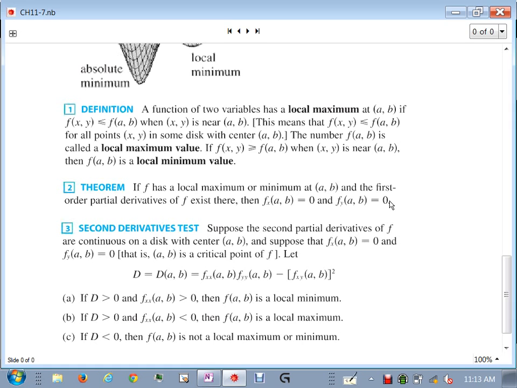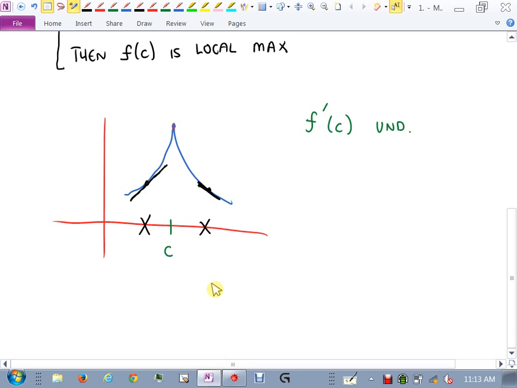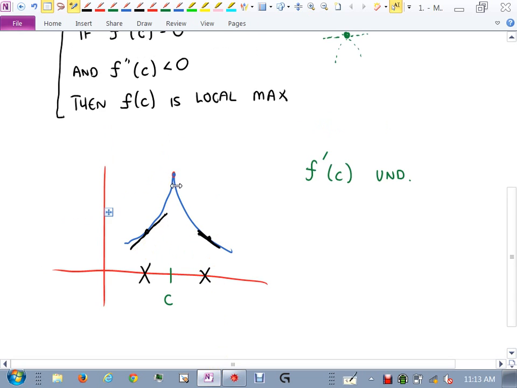Understand? It's kind of like this scenario here. Does this function have a local maximum? Yes. Does the derivative exist? No. But it still has a maximum, right? That's what this theorem is saying.